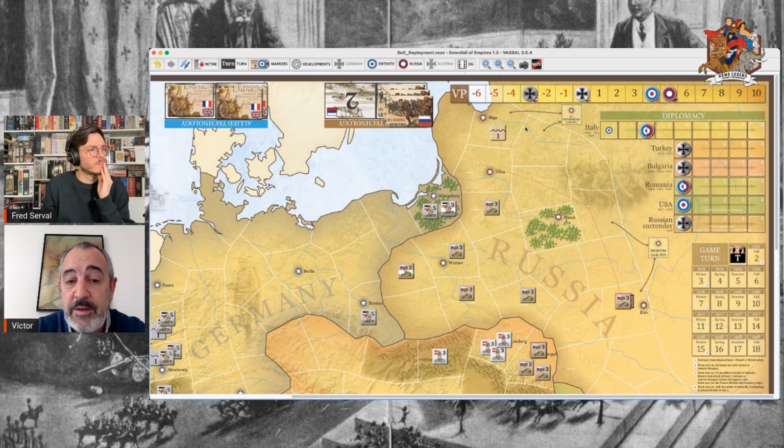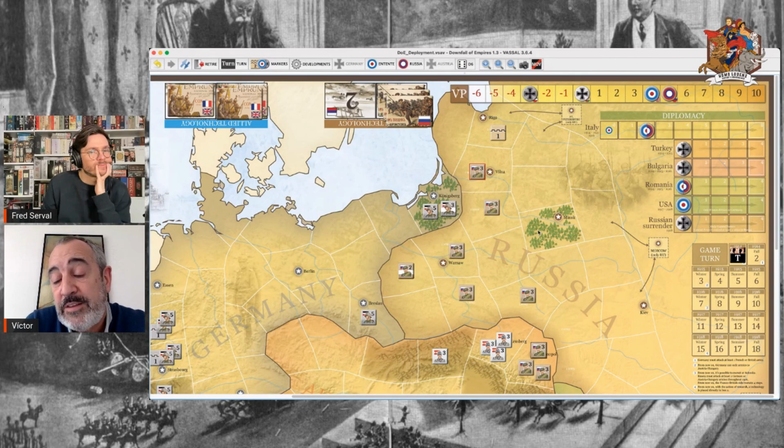Okay. And then you have the strategic move, and that's 8 movement points. All operational moves cost you 1 activation point. You can activate 3 armies with 3 points of activation. But when you make a strategic movement, it costs you the movement of two armies.